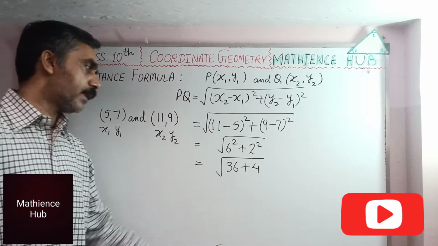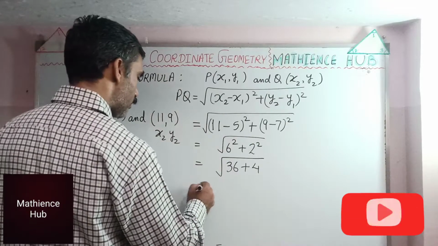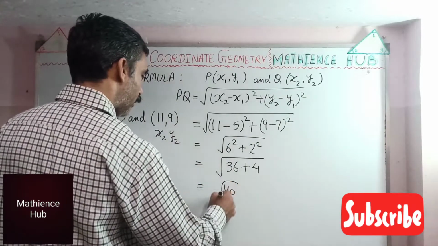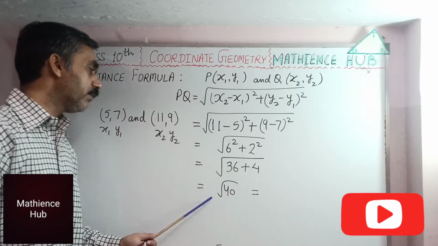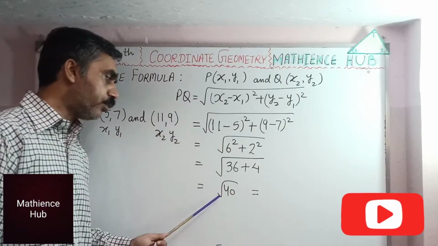So 36 plus 4 is root 40. So the distance PQ is root 40.